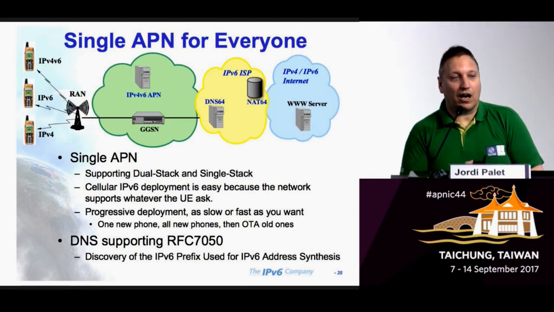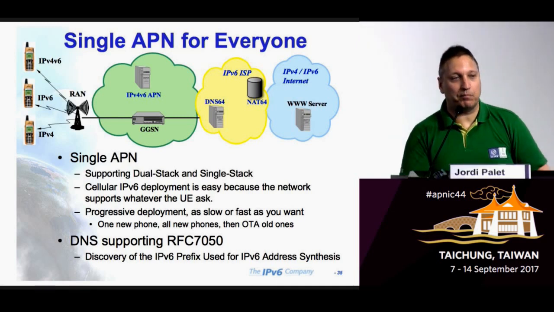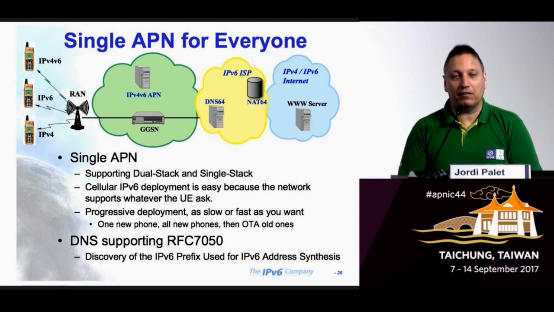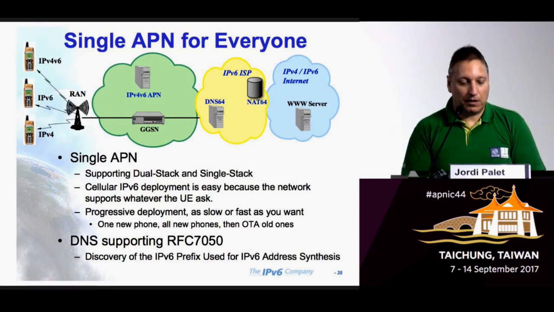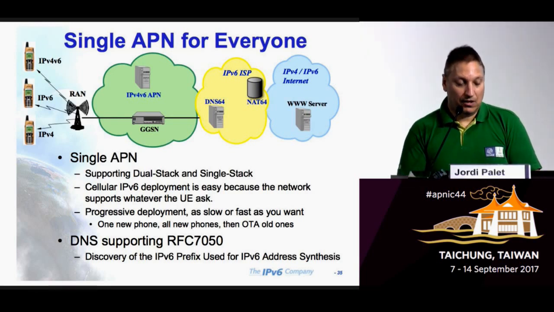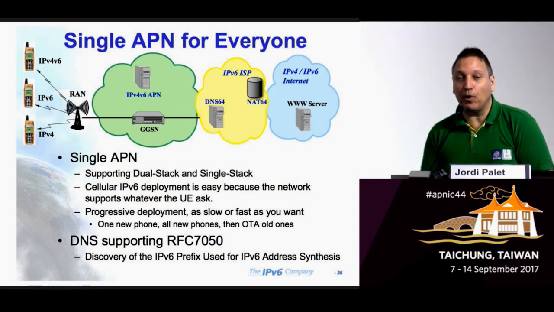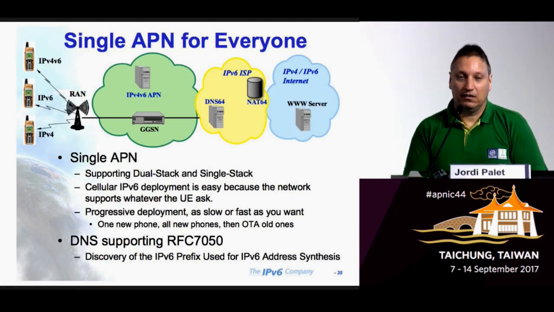My experience, and this is the way some of the bigger networks are doing, for example, T-Mobile in the US, is having a single APN for all the phones. Okay? So whatever is the version or the type of terminal that is connecting to the APN, this single APN is supporting both single and dual stack.